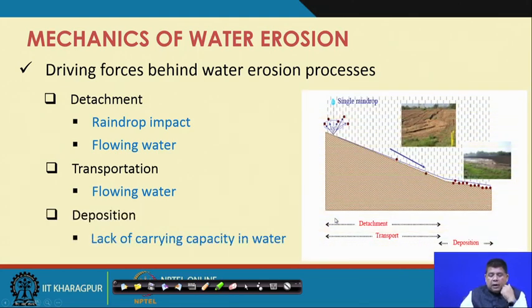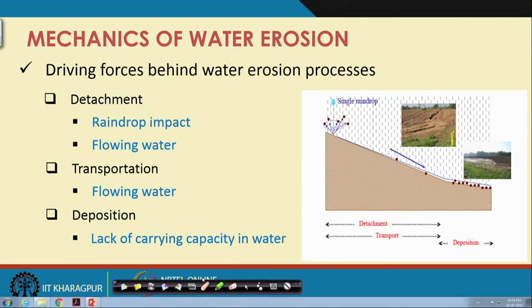The third process which takes place is deposition. When the carrying capacity of the flowing water reduces, it cannot further transport the soil particles and thus the soil particles get deposited. So, that is the third phenomenon.